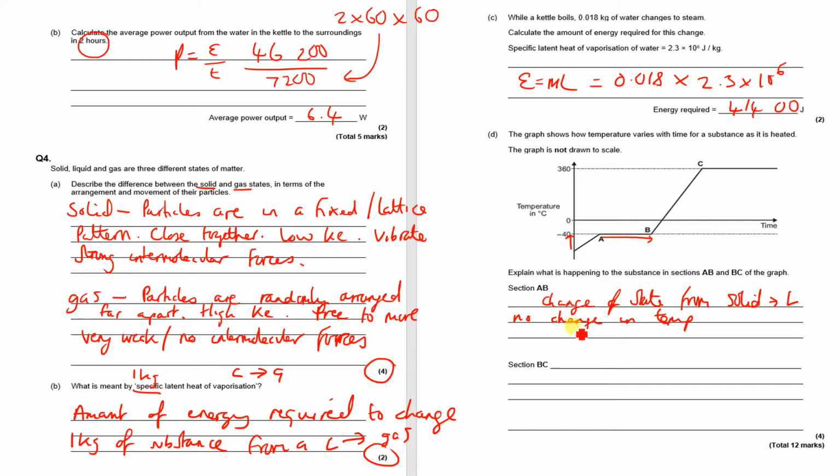Right, state change, sorry, for part B to C, this is not a state change, this is a temperature increase. So this is a temperature increase. And let's state what that is, from -40 through to 360 degrees C. Here there is no change in state up until point C. Now you can clearly see at point C, this is where it will start to change state.